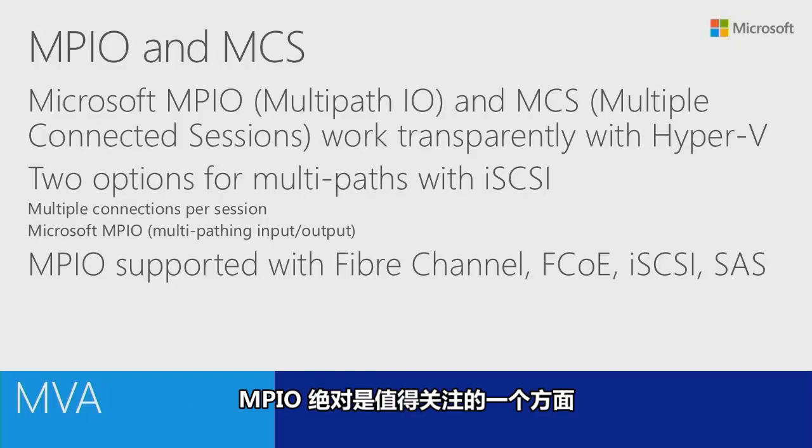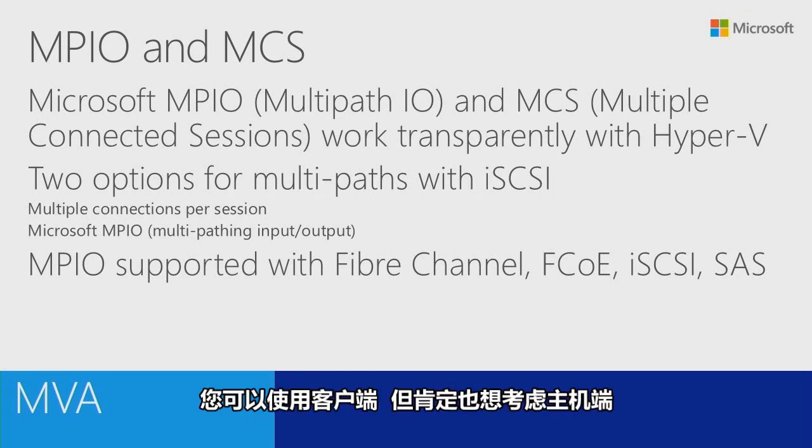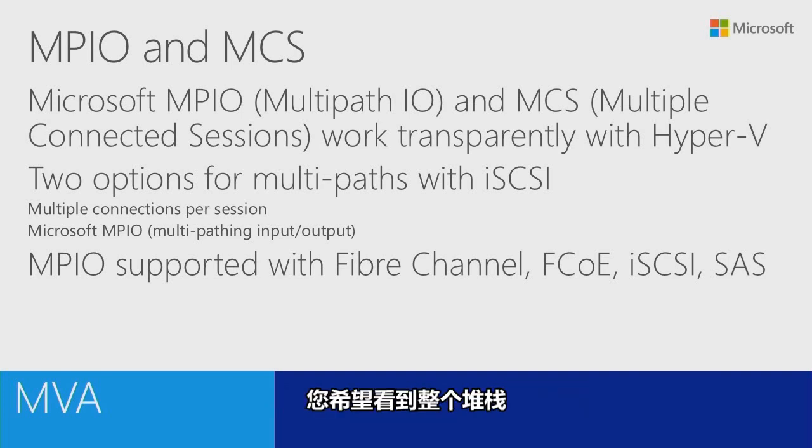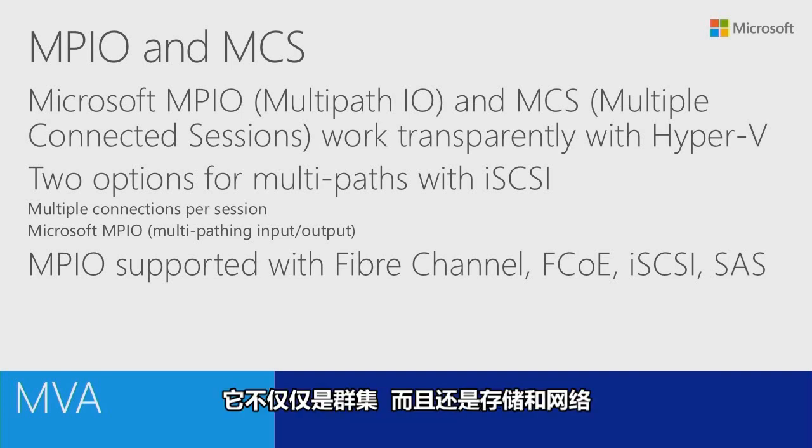MPIO is definitely something you're going to want to consider. And like I just mentioned in Fiber Channel, you can use it guest side, but certainly you're going to want to consider it host side as well. So as you deploy a private cloud, resiliency and redundancy are the name of the game. And you want to look at the entire stack. It's not just clustering. It's storage, it's networking, it's the entire stack from the bare metal all the way up.